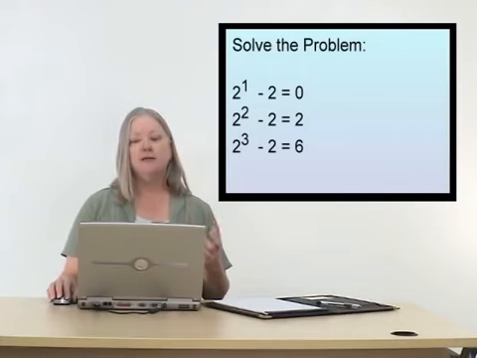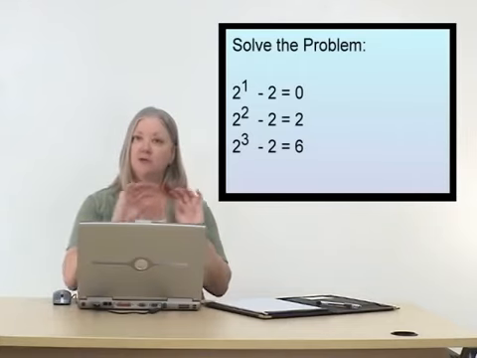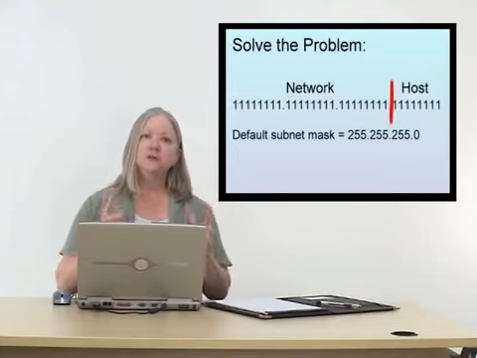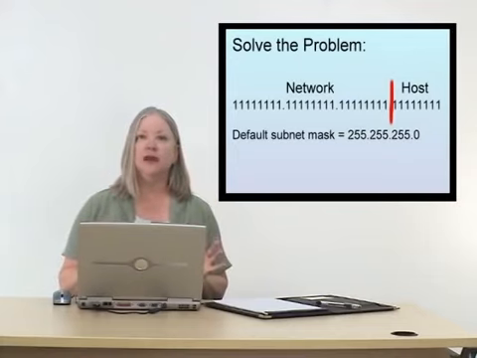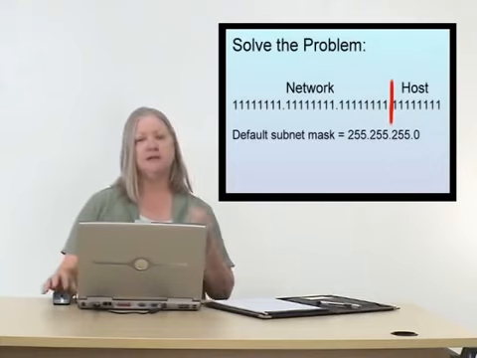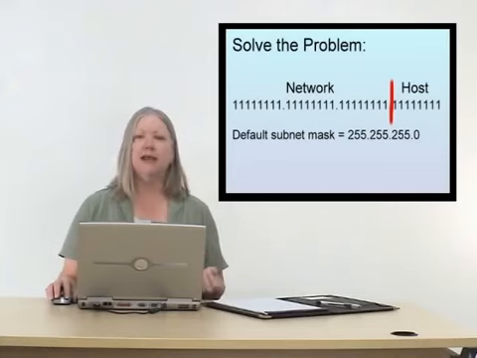So let's go back and look at our board where we wrote down those 4 octets. With a default subnet mask of 255.255.255.0, our first 3 octets are the network side of the address. Our last octet is the host side. That's where we need to borrow our bits from to solve this. So let's focus in on that last octet.